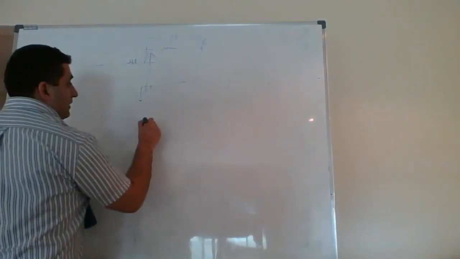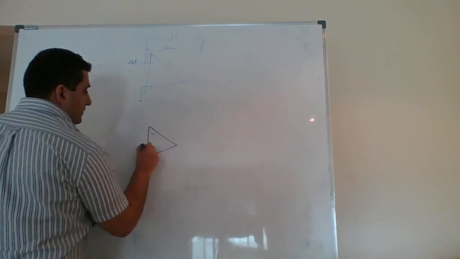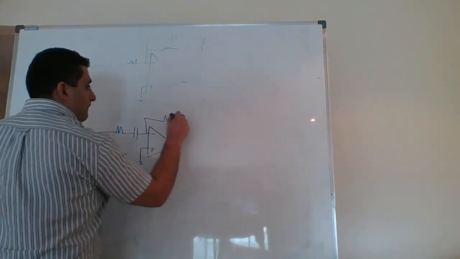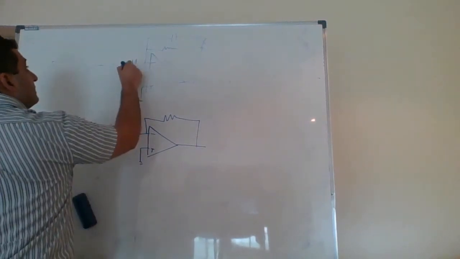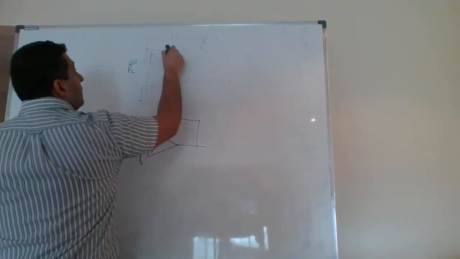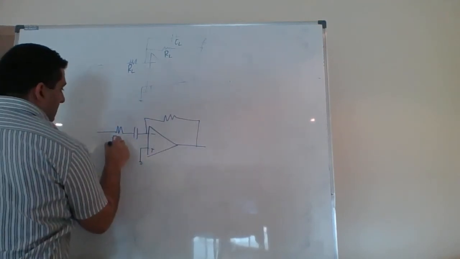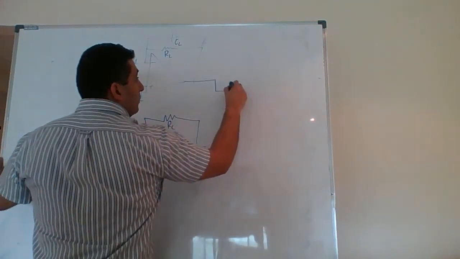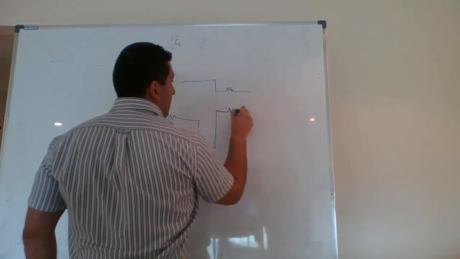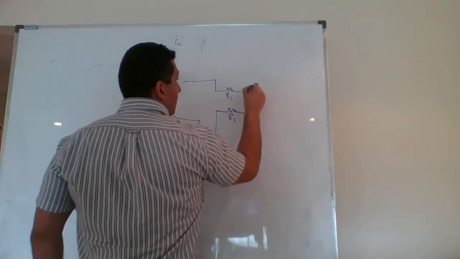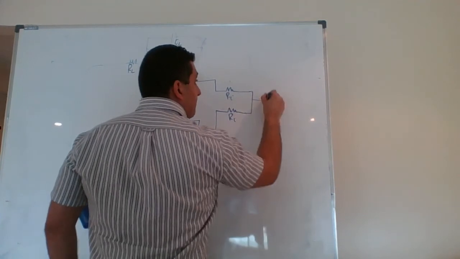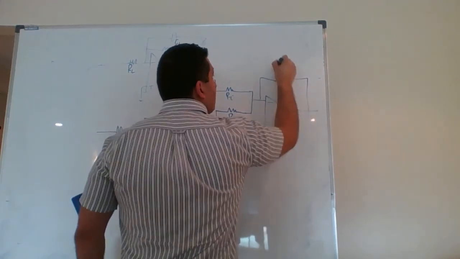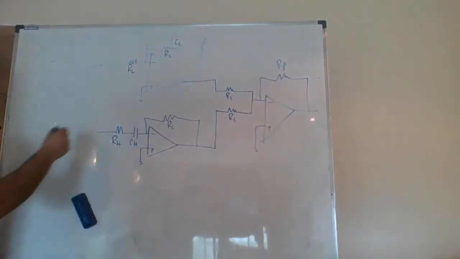I need another, negative, positive. This is R low, C low, RH, CH, RH. These two outputs will go to RI, RI, RF, and this is where your input is.